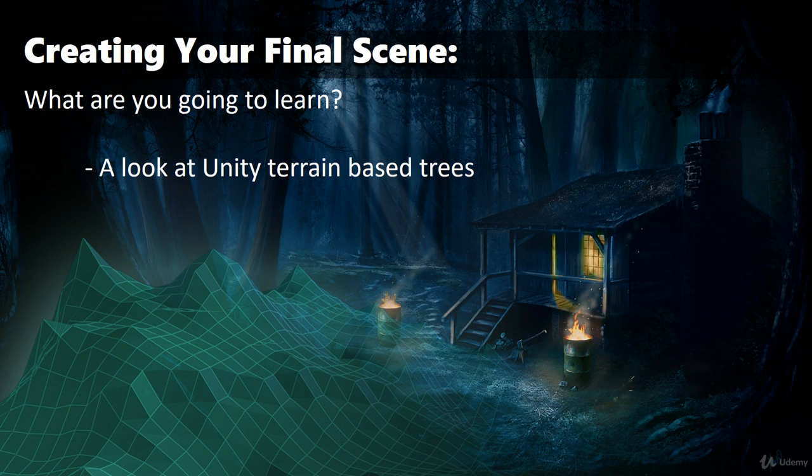I can't put a tree with normal maps that looks fantastic and can animate in the wind using the terrain system. It just doesn't let you do it. You have to use plugins that you download from the asset store. And so I'm just going to compare the two here and show you the difference between the two.